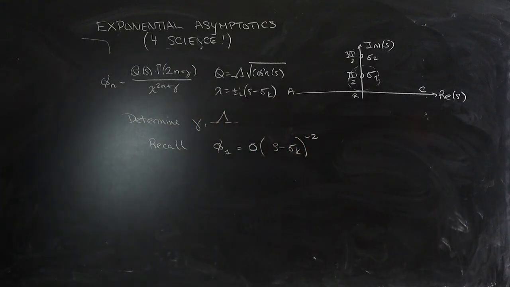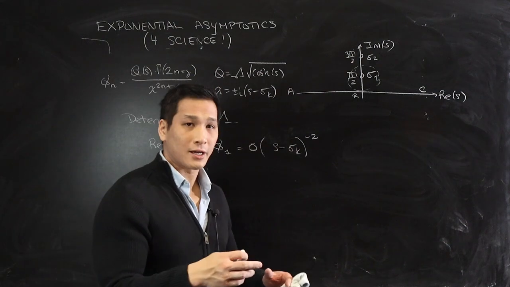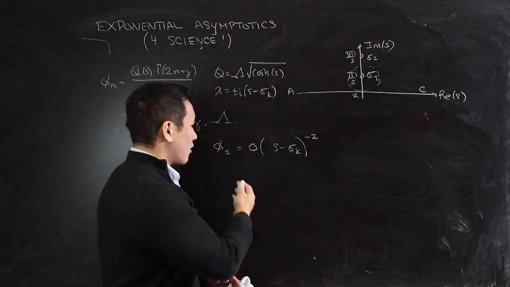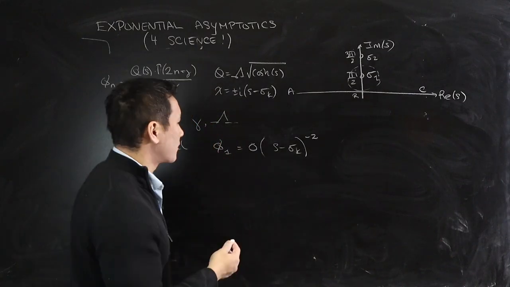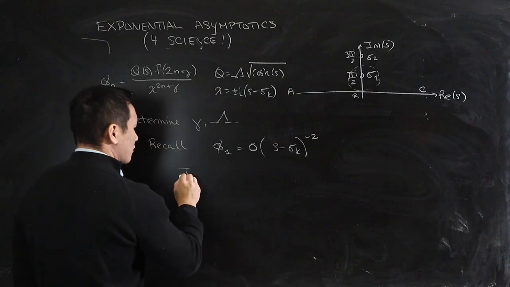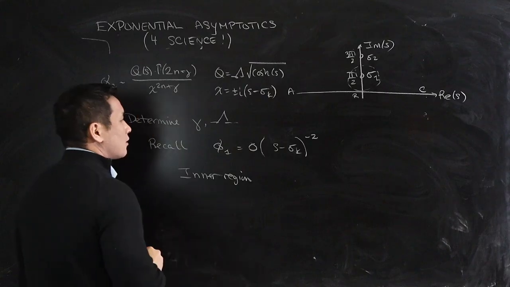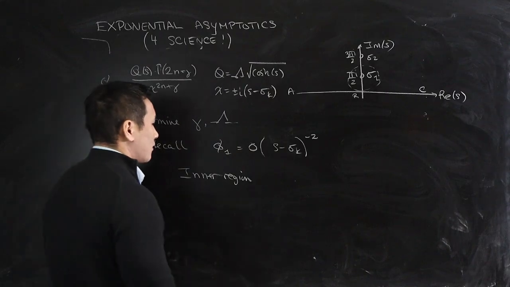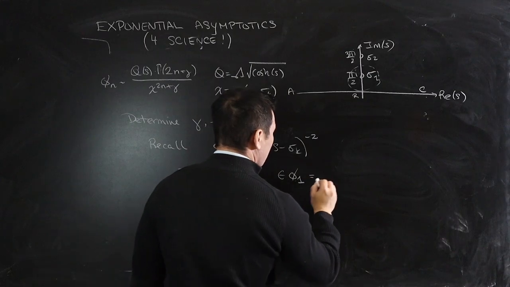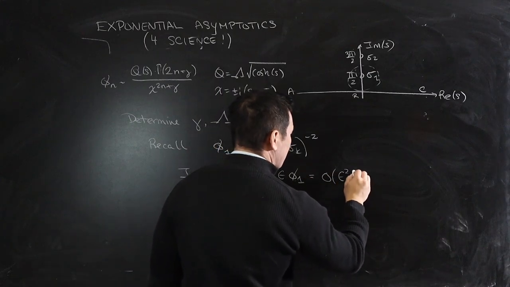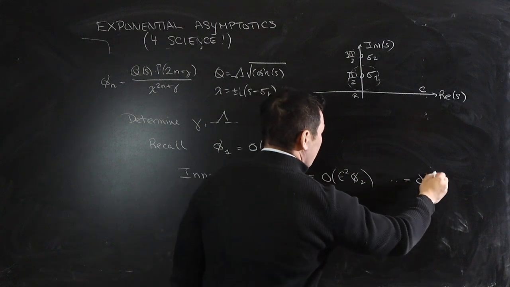But the inner region, the criteria we gave for the inner region is that it's the size near the singularity where all your later terms of the asymptotic expansion become the same order. So the inner region, for instance, is where epsilon times phi 1 is order epsilon squared times phi 2, etc., which is of order 1.